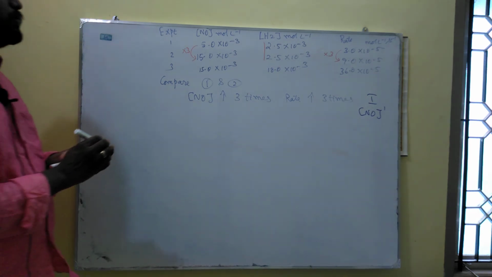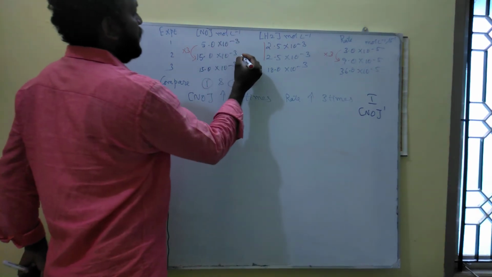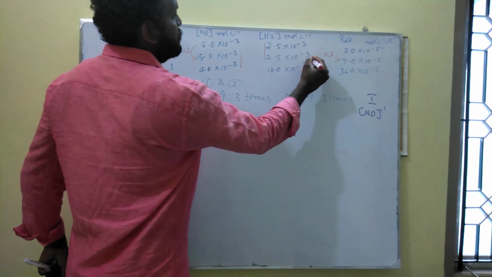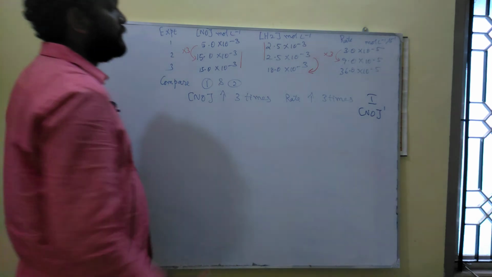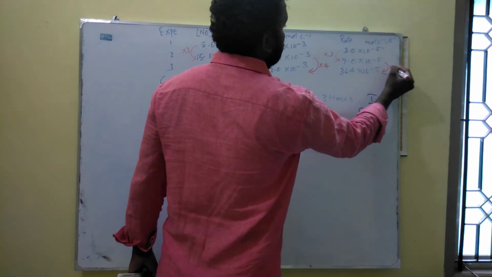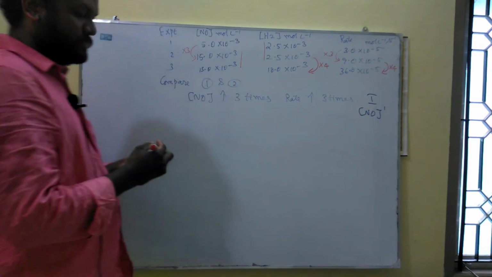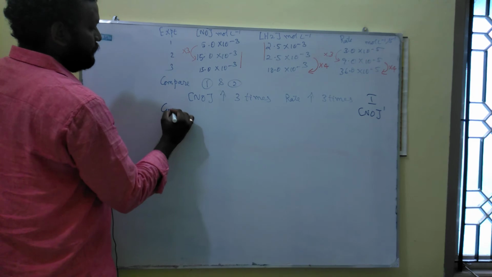The next we have to compare another two values. Consider NO 15 concentration. So 2.5 to 10 times, that is 4 time increment. Rate increases also 4 times. 9 into 4 is 36. So we compare 2 and 3.